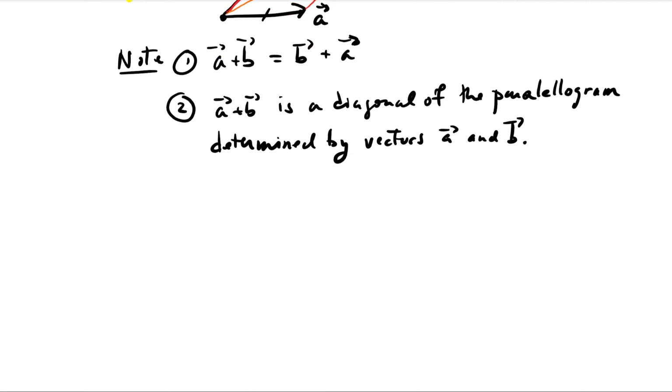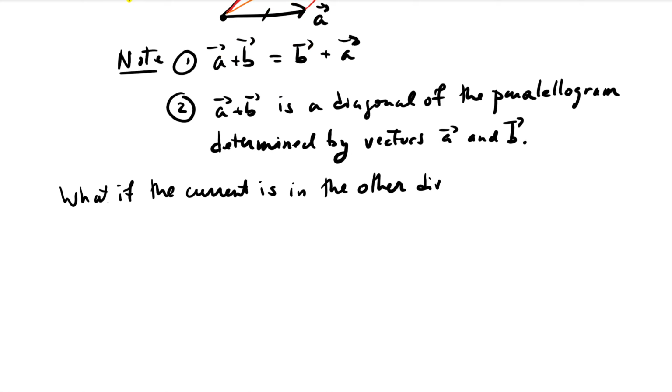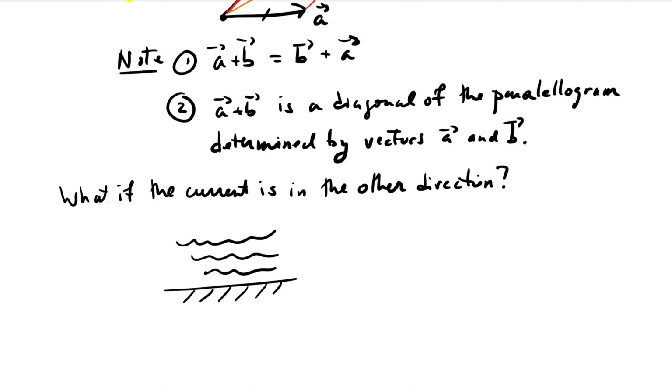Now, let's try to answer another question with respect to the swimmer. So what if the current is in the other direction? Okay, so again, you've got the shore, you've got water here, but this time the current goes like this at 2 kilometers per hour.